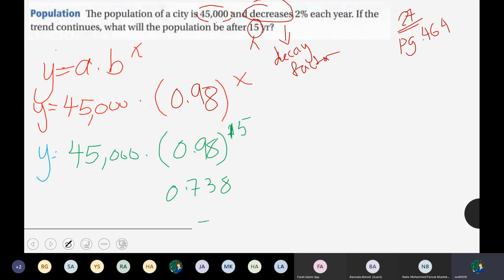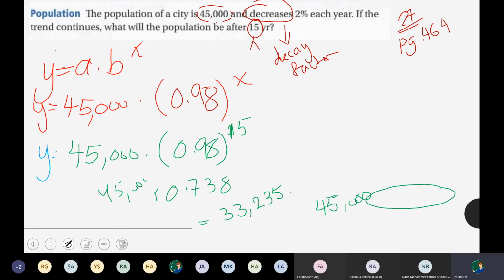Multiplied by 45,000, the answer is 33,235. So as you see here, the city at the first time they start with 45,000 number of people in it.